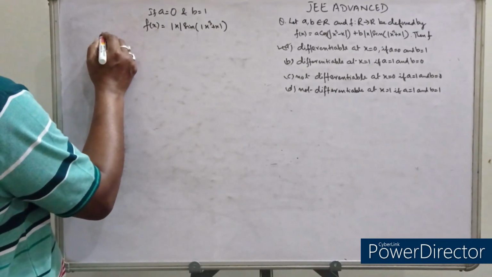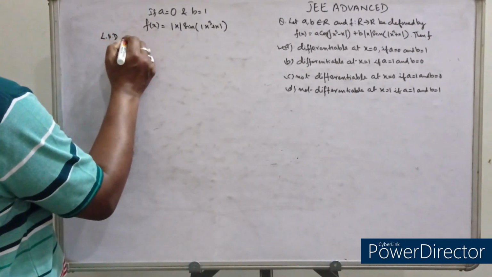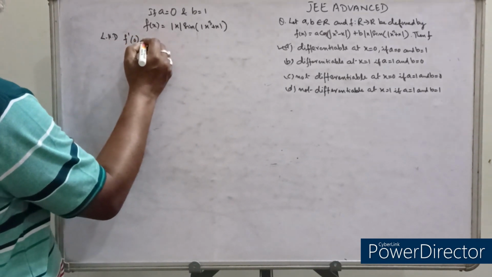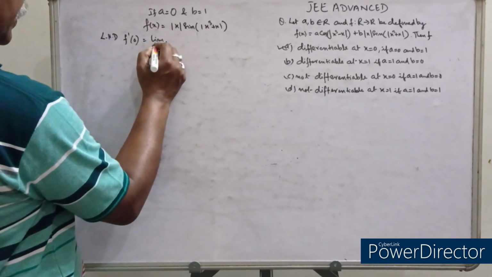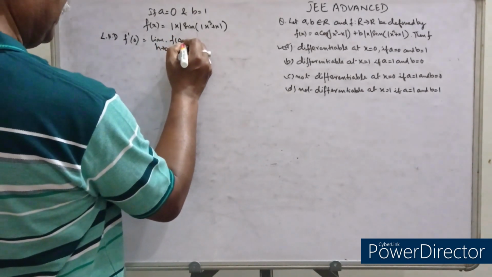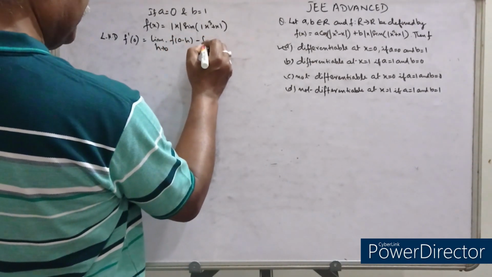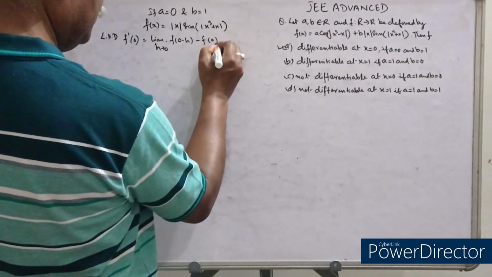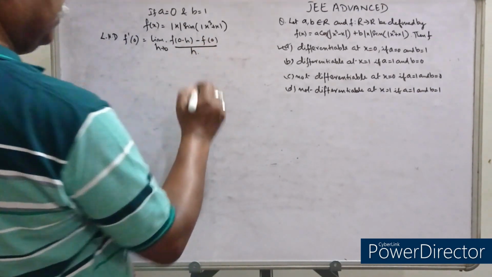So your left hand derivative, that is f'(0), will be limit h tends to 0 of f(0 − h) − f(0) divided by h.